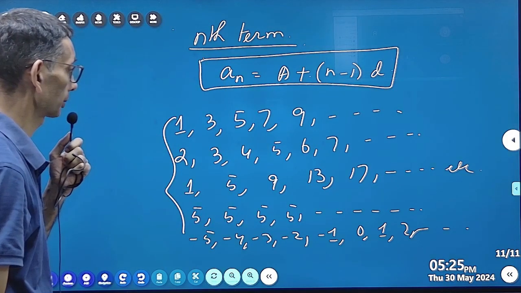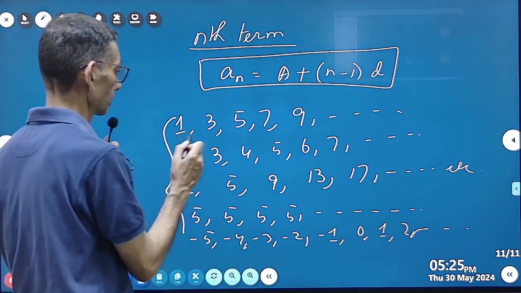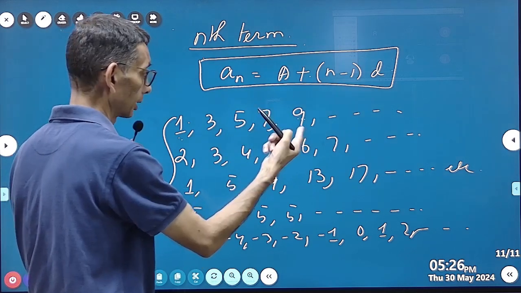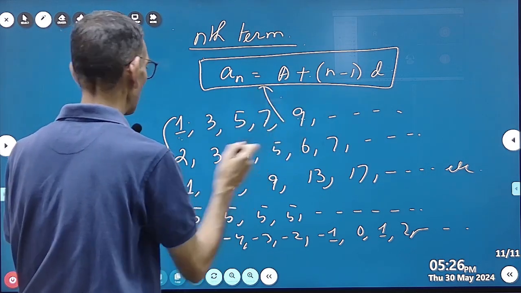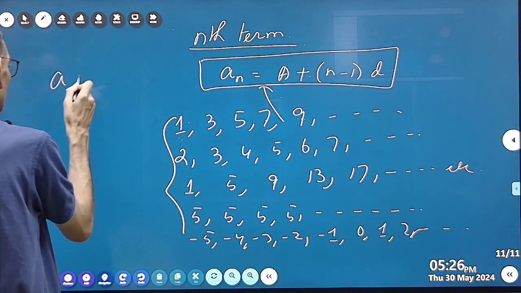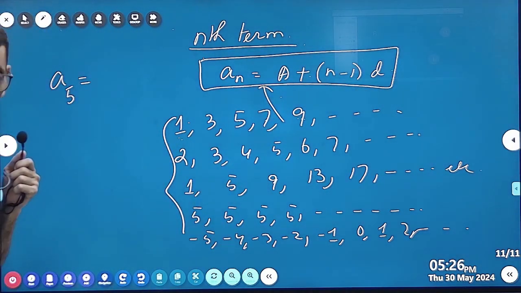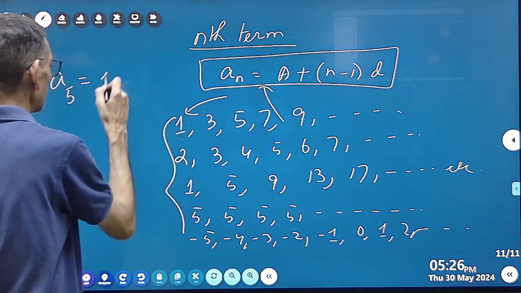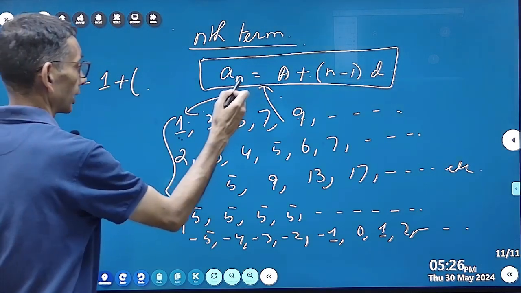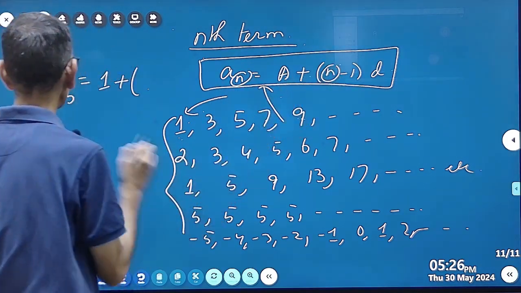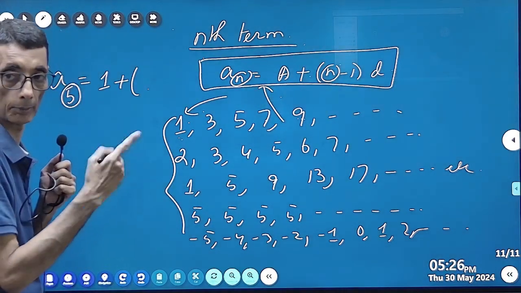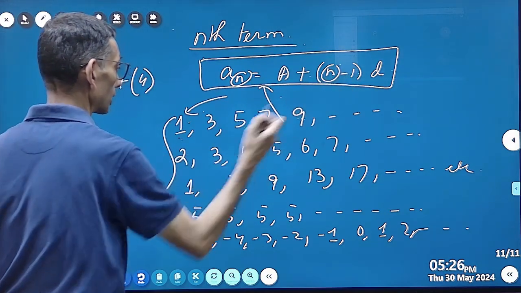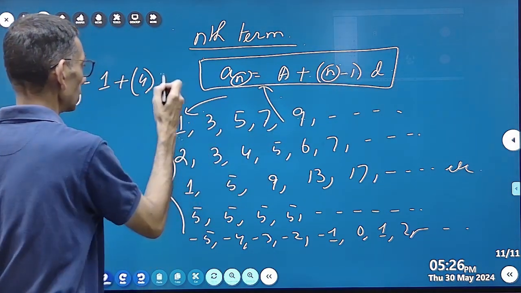If for a sequence you want to get a particular term, say the fifth term, which is 9, how do you get it? The fifth term formula is a5. For a5, the first term is a, that is 1. n here is 5. 5 minus 1 is 4. The common difference d is 3 minus 1, which is 2.